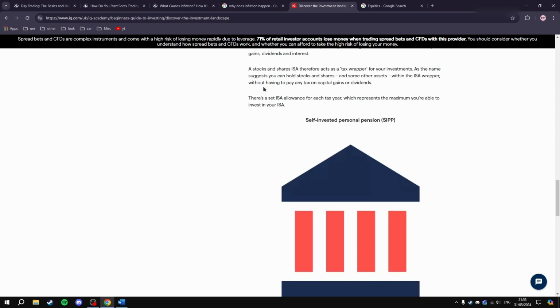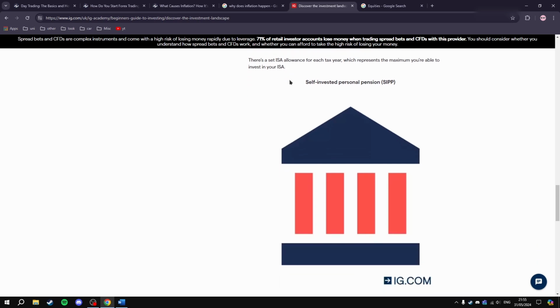As the name suggests, you can hold stocks and shares and some other assets within the ISA wrapper without having to pay any tax on capital gains or dividends. There is a set ISA allowance for each tax year.